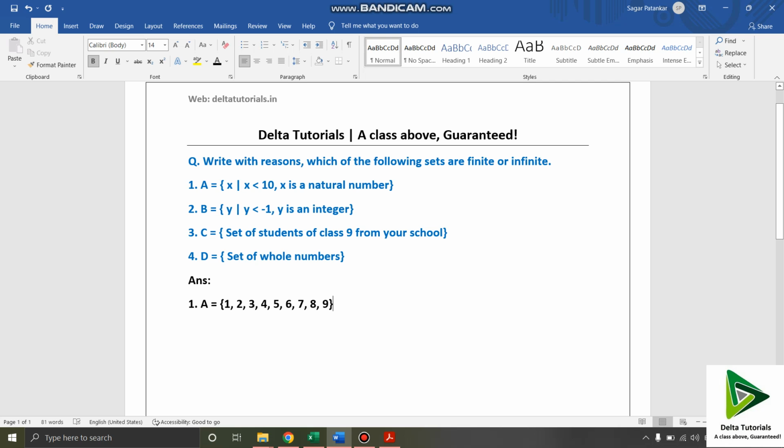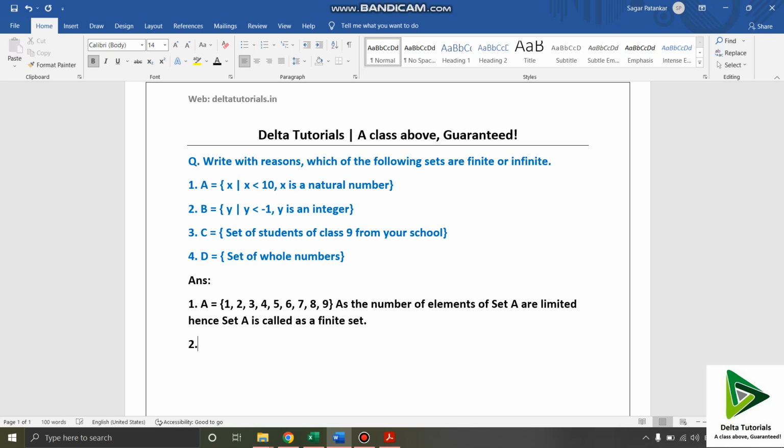Now, as we can see in this particular set A, a finite number of elements are present. Hence this set A is called a finite set. We are going to write the reason. Like this we have to justify in examinations also.